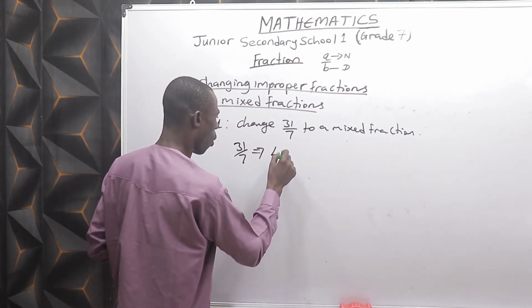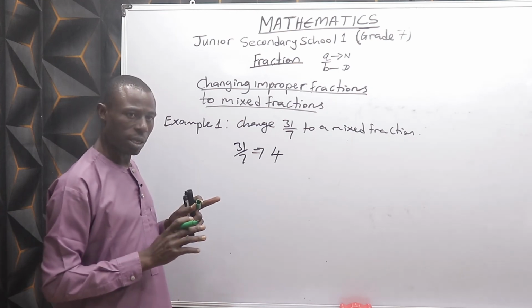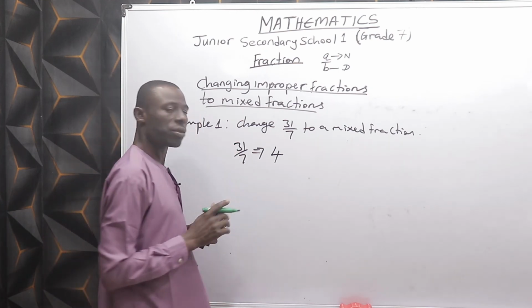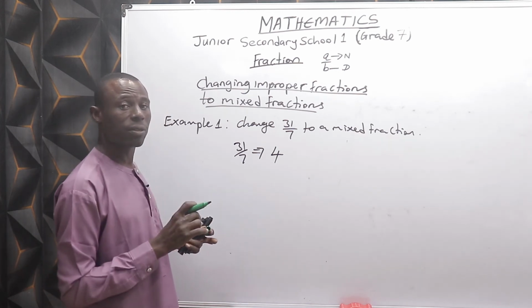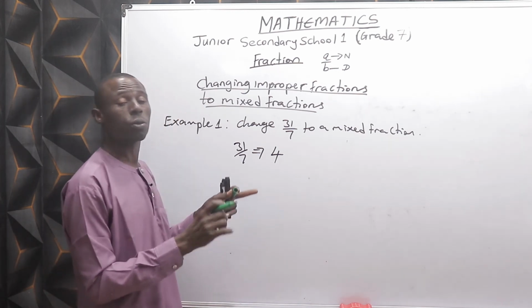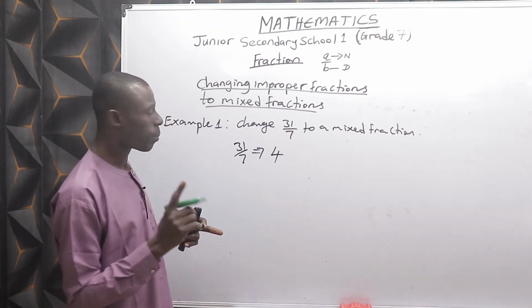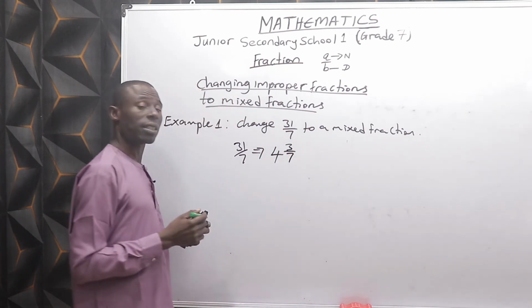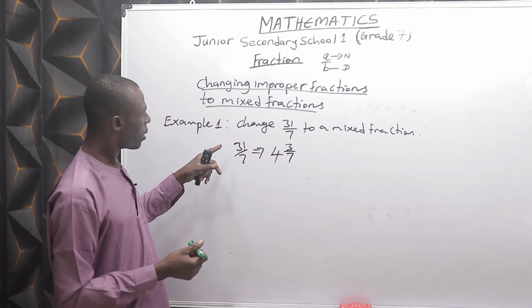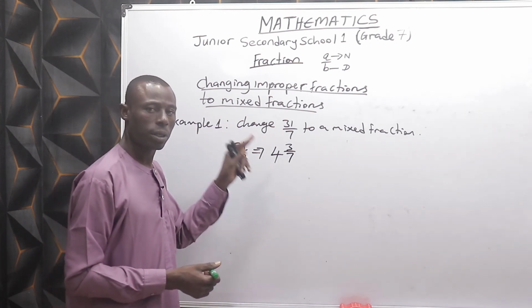We have 4. That is, 7 times 4 is 28. So, what remains from the 31? If we remove 28 from 31, what do we have left? We have 3. So that is 3 over 7. That is how to express an improper fraction as a mixed fraction.